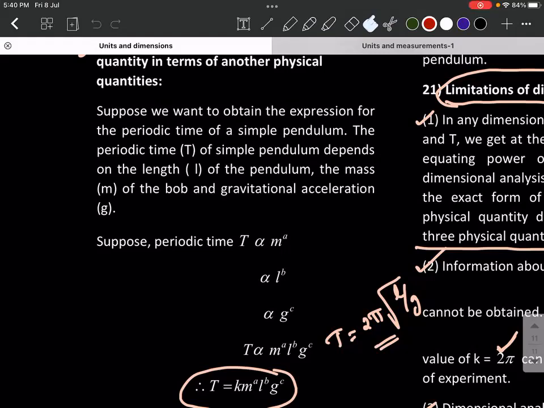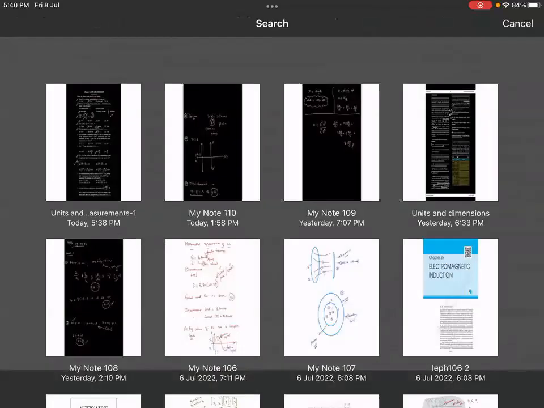Okay. Just to make our brains active, can we try out one more physical quantity? Can you derive the formula for another physical quantity today? Write it down.